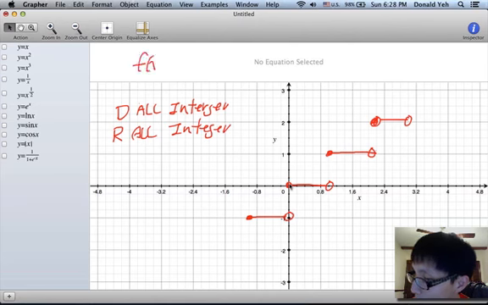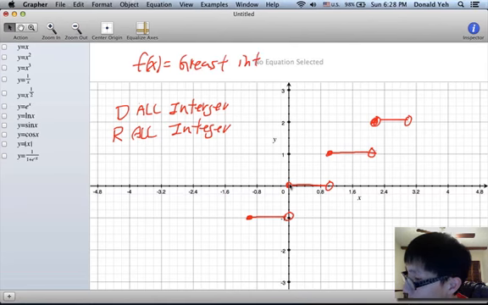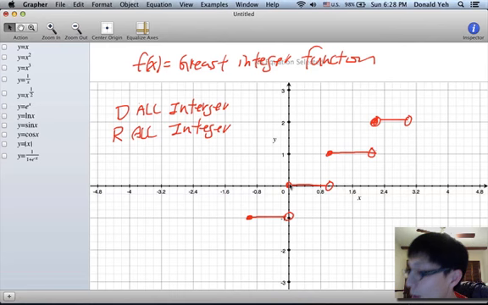So f of x, this one is called the greatest integer function.